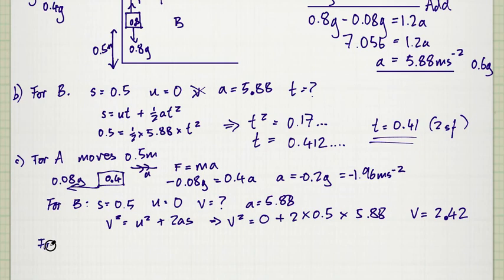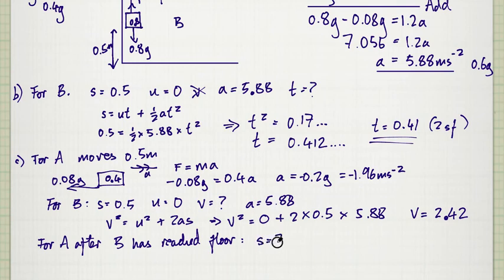And now we consider A again. So for A, after B has hit the floor, we've got this acceleration of minus 1.96 meters per second squared. We want a distance traveled. That's what we're trying to find out. We've got an initial speed of 2.42. I'm going to call it root 5.88 to keep things accurate.